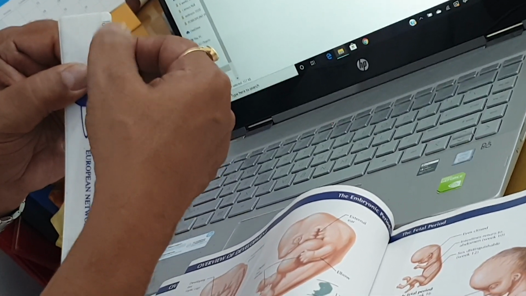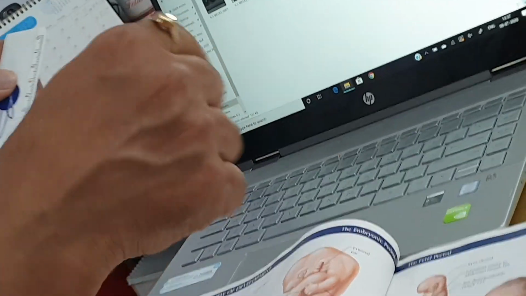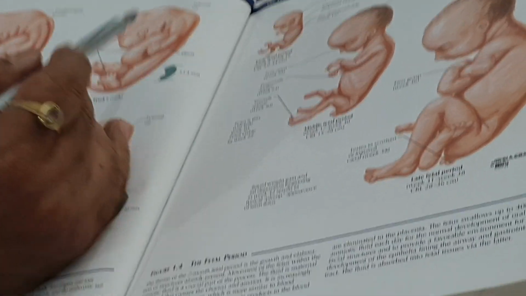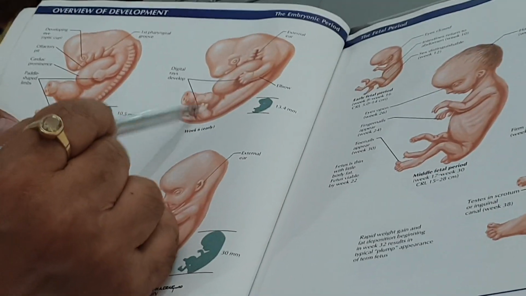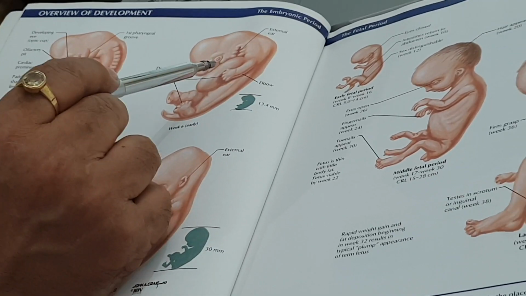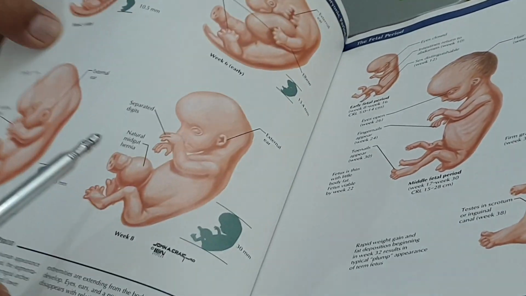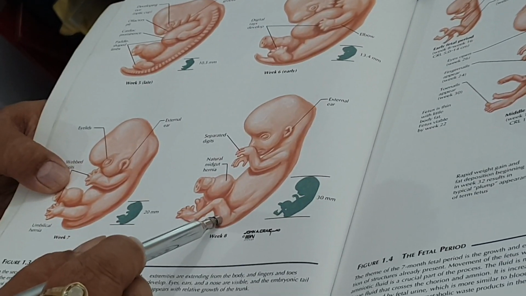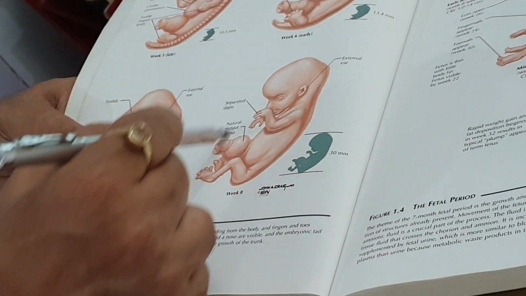So at 2 months your baby is this tiny size with a fetal heart. In this ultrasound we can see limb buds, a heart and head. Gradually it grows.